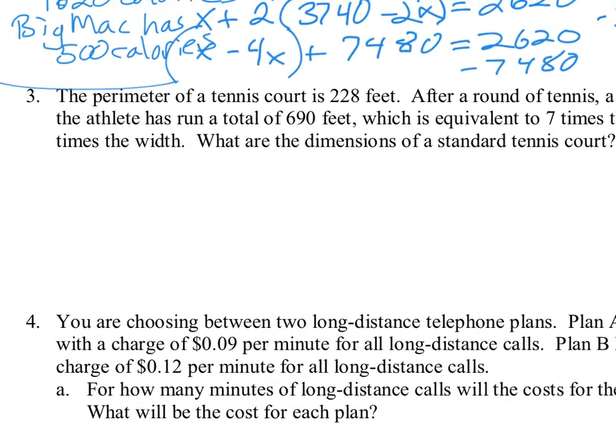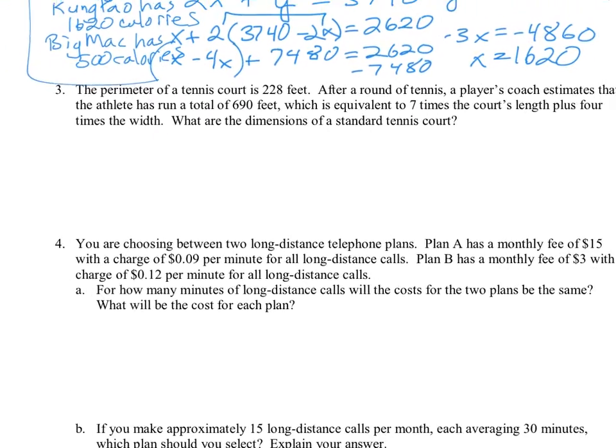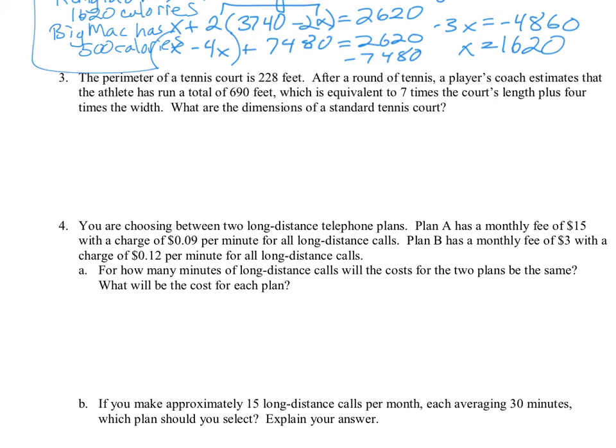All right. This is another one. We oftentimes will have something like floor area. The perimeter of a tennis court is 228 feet. Now, a tennis court is a rectangle, and it's got a width and it's got a length. Its area, oops, we got perimeter, not area.